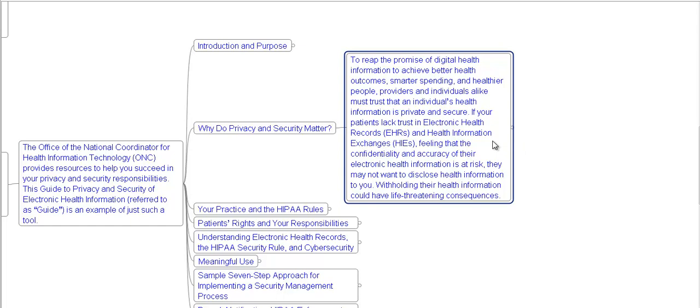If your patients lack trust in electronic health records and health information exchange, feeling that the confidentiality and accuracy of their electronic health information is at risk, they may not want to disclose health information to you. Withholding their health information could have life-threatening consequences.